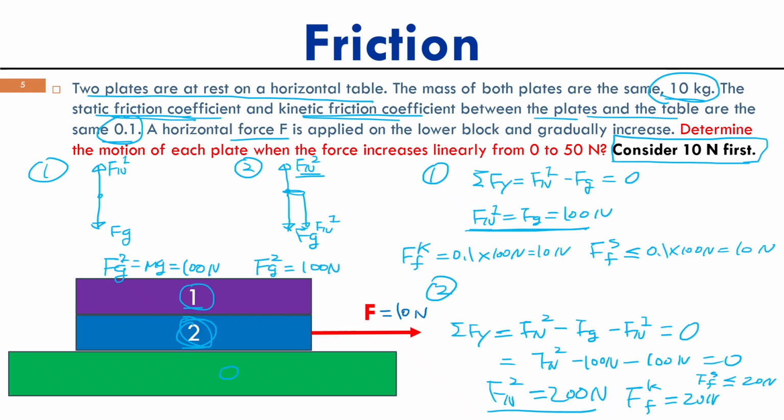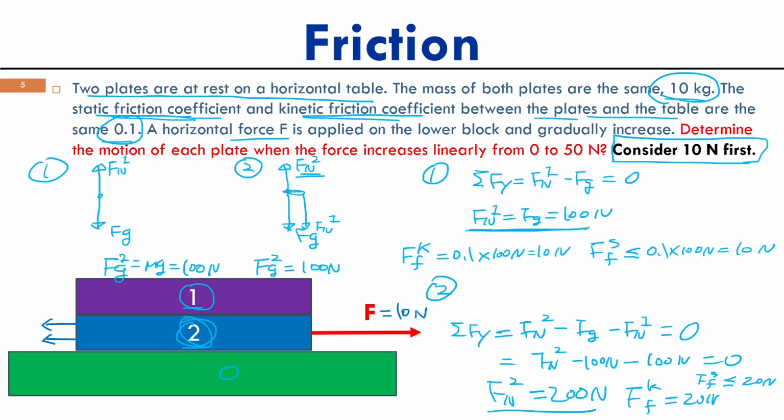So the table gives a resisting friction force, and the plate on the top may also give a force resisting this motion. We know the maximum static friction force between the two plates is 10 Newton, and the maximum static friction force between 2 and the platform is 20 Newton. So how much friction force occurs between 1 and 2 and between 2 and the platform?